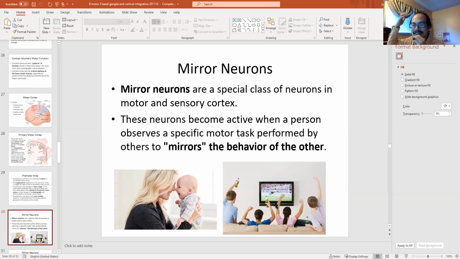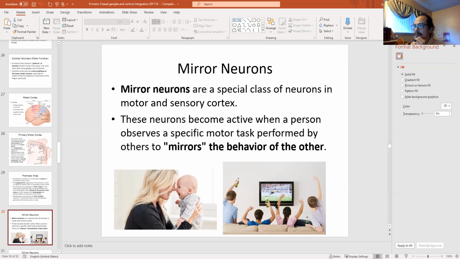And by exciting this mirror neuron, you don't need to do it, but you feel like you already do it. You don't need to go to the field, you don't need to be sweating, and you still play again, right? So why not? That's very interesting.